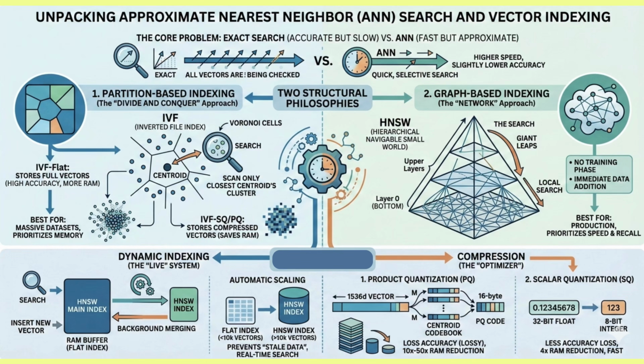And the upper layer contains only a subset of vectors with long-range connections. We can, as an example, treat them as the highway map. You start at the top layer. You make giant leaps across the database to get into the right neighborhood. Once you are close, you drop down to the lower, dense layers to find the exact nearest neighbors.